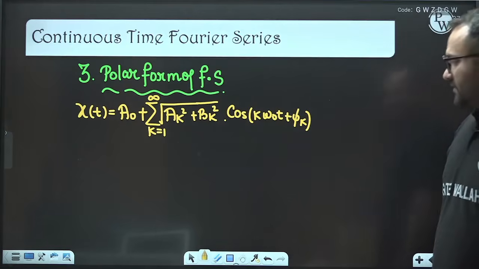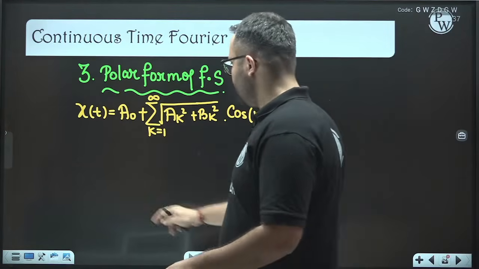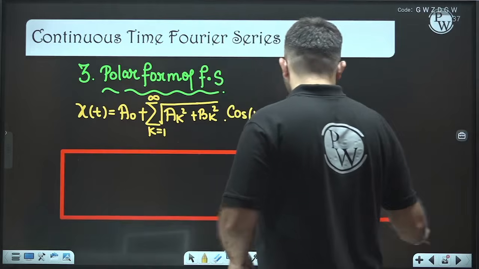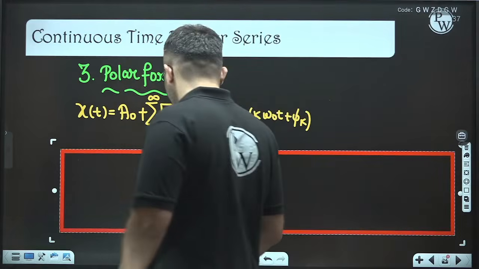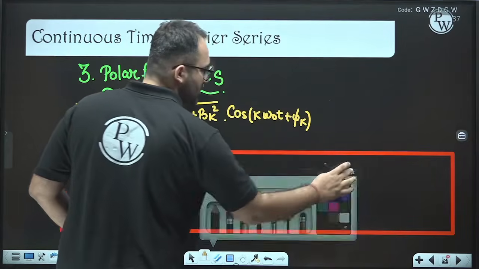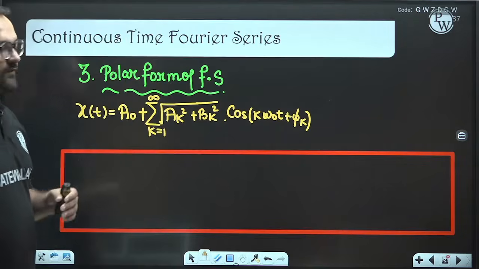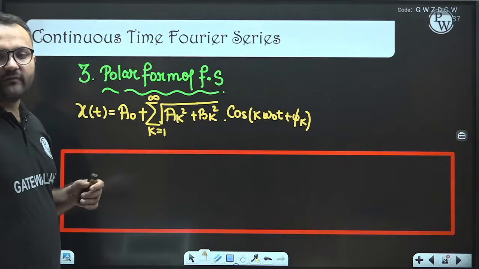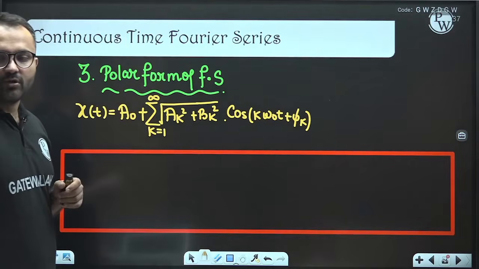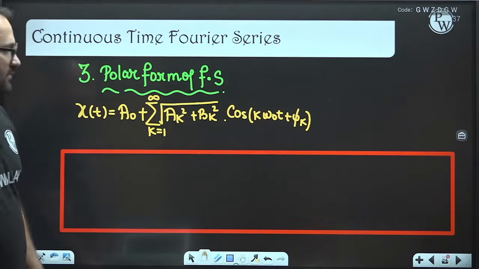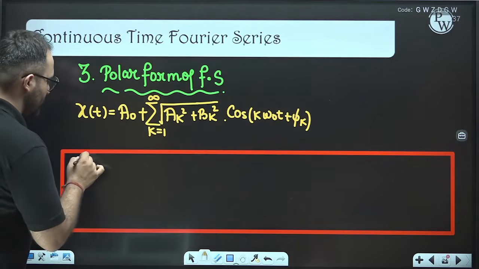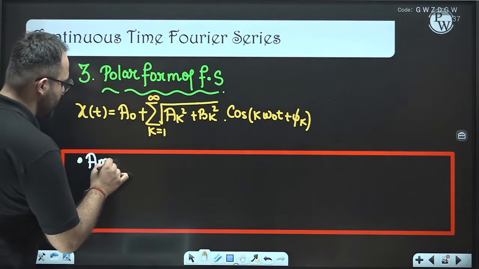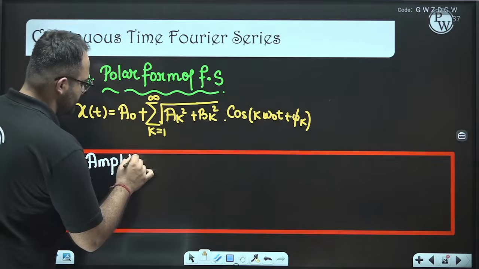Now, this representation is very important in the GATE exam. Why? Because if in any question we have to find out the amplitude of the fifth harmonic, let us say, then what will we have to find?